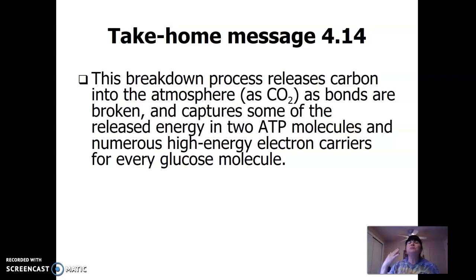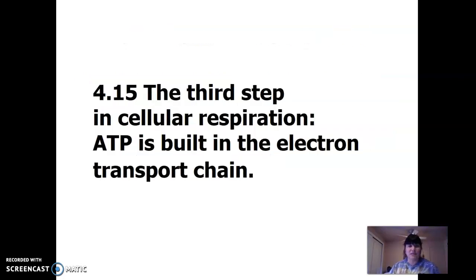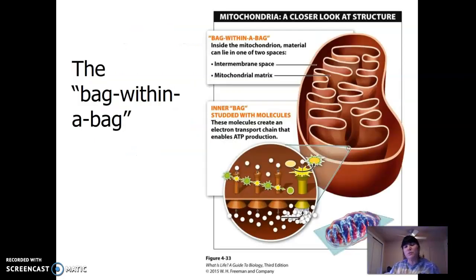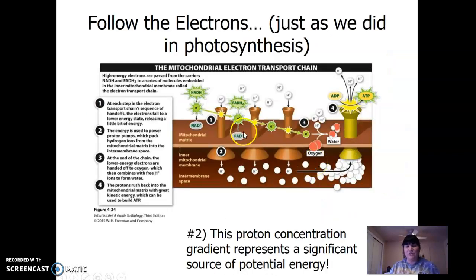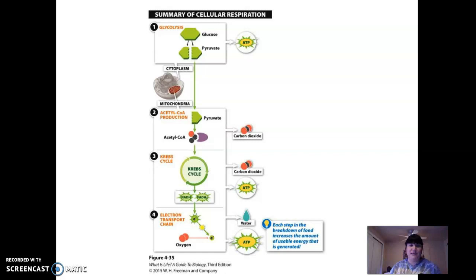You guys, just being alive requires energy, and we're constantly doing this. The electron transport chain, again, is happening in the mitochondria, and we end up with ATP. You don't have to know the details. If you look, we end up with ATP. So we're breaking down the sugars to get that ATP.